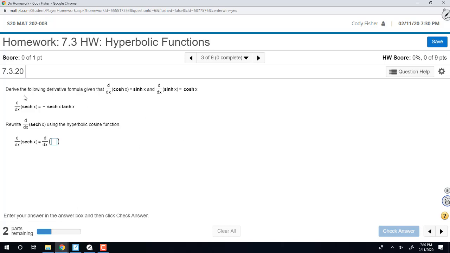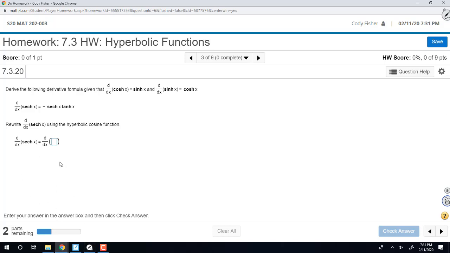So this one, they say derive the following derivative formula, given these two things. The derivative of hyperbolic secant is negative secant tangent. And so they say first rewrite hyperbolic secant using hyperbolic cosine.